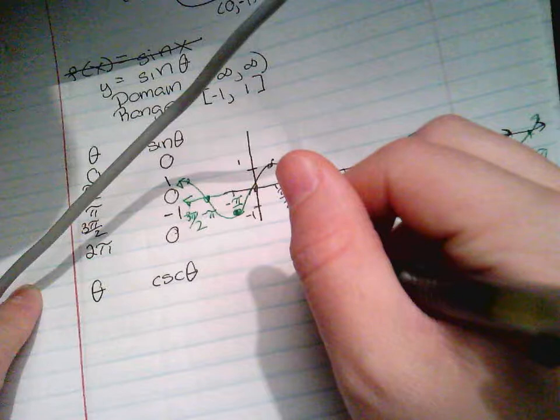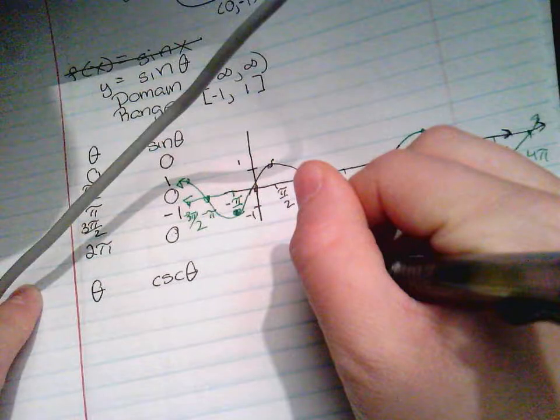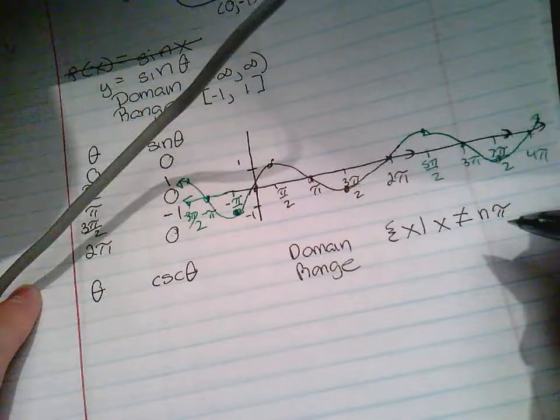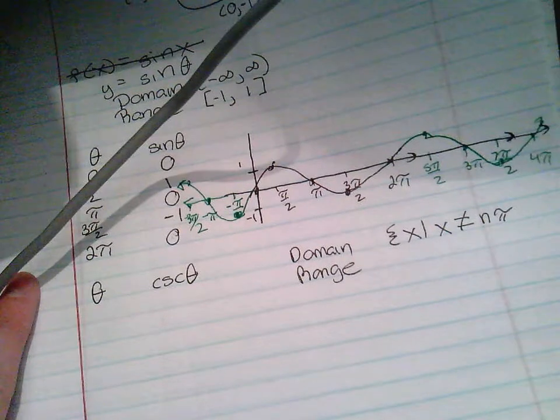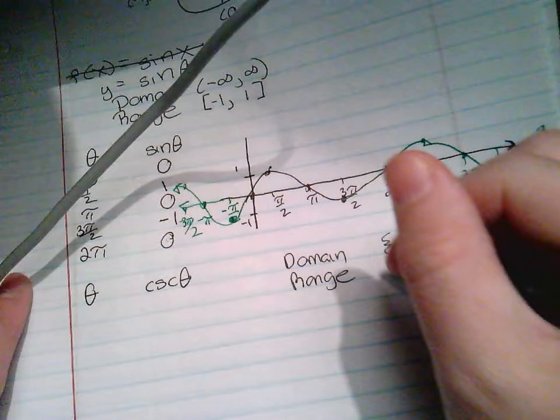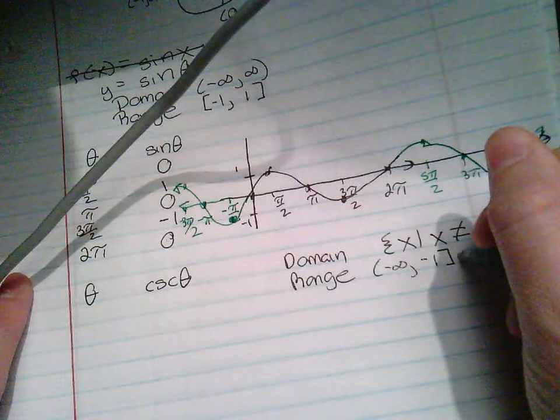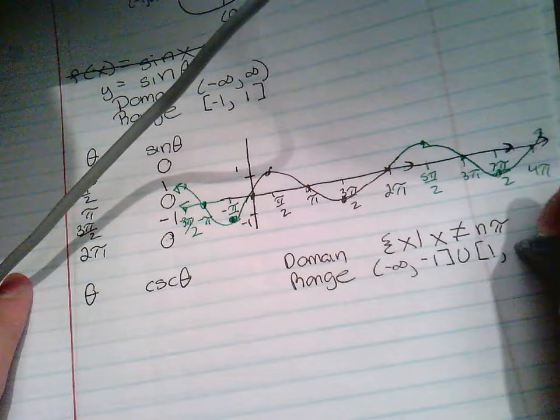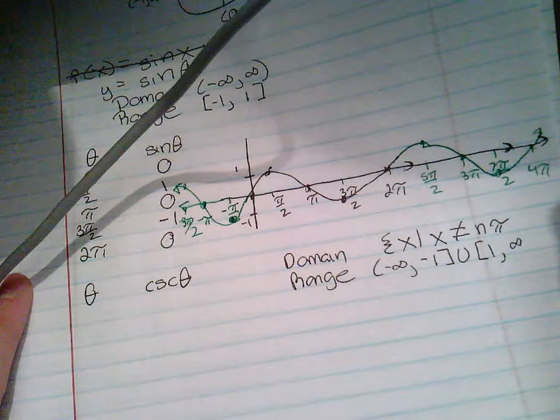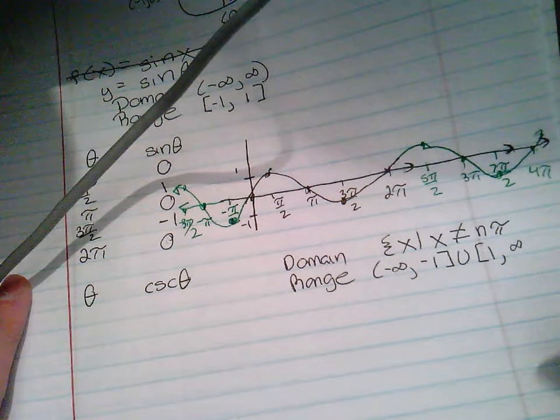Okay, you're going to see the range here. It's going to be negative infinity to -1 union 1 to infinity. So the range for a cosecant, it never crosses the horizontal axis here. It's either going up or down.